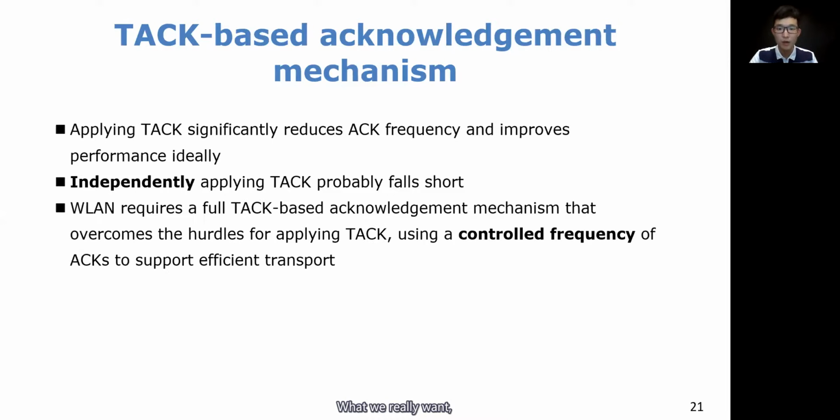What we really want for WLAN is a full TACK-based acknowledgement mechanism that overcomes the hurdles for applying TACK, using a controlled frequency of ACKs to support efficient transport. There are some notable features of the TACK-based acknowledgement mechanism which are important for reasoning about the differences from legacy TCP. We briefly describe these features below.